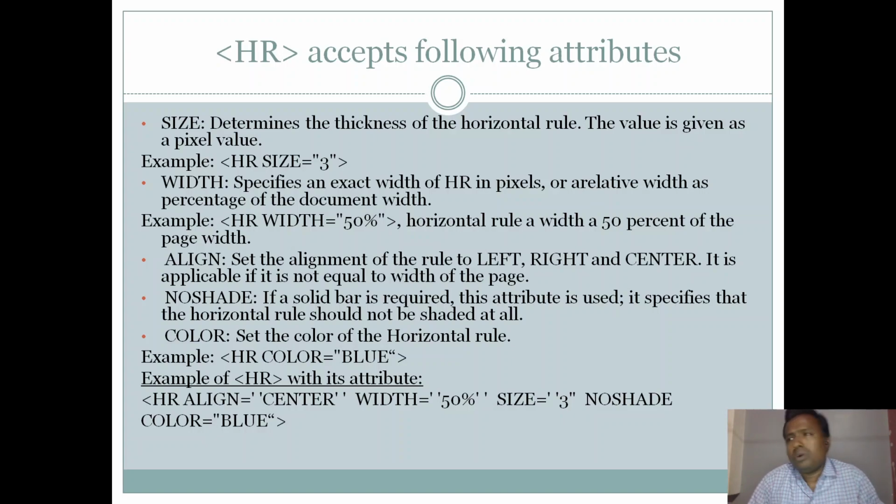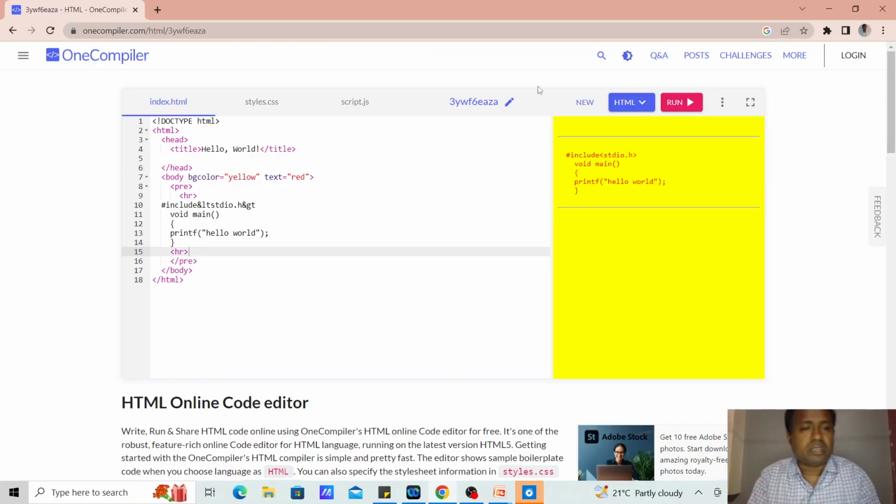Now, the attributes that hr can accept are align, width, size, noshade, and color. Yes, you can try all these attributes and see how exactly it is going to render the content. For example, let us try with the width. Now here I am going to try with the width.